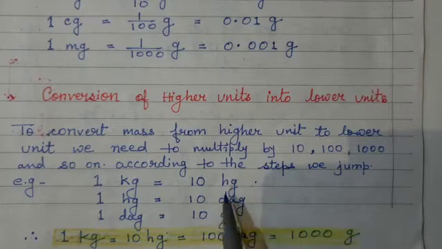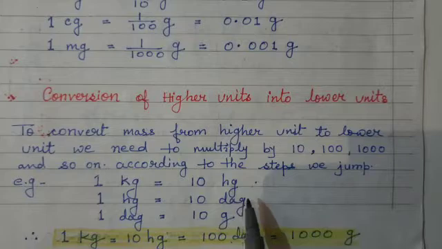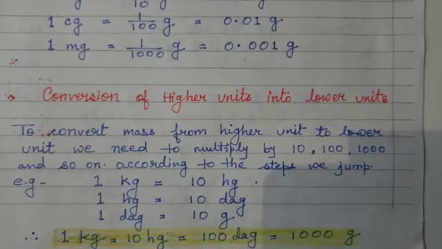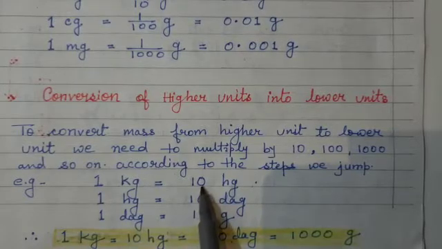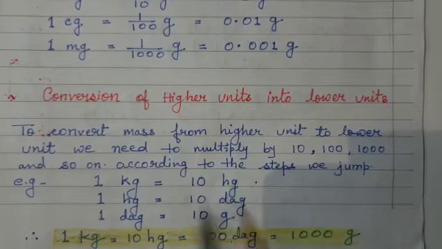Whenever we go down the ladder, kilogram, hectogram, decagram, gram, decigram, centigram and milligram, in every step towards the lower side we need to multiply by 10. So 1 kg is equal to 10 hectogram, 1 hectogram is equal to 10 decagram, 1 decagram is equal to 10 gram.